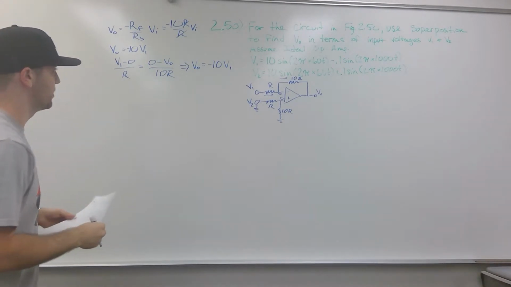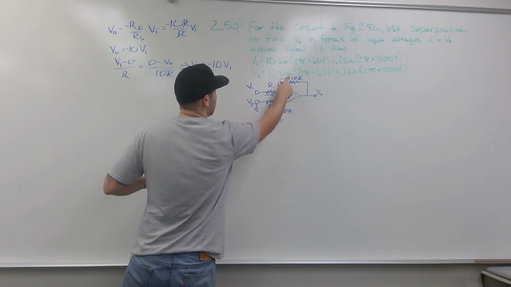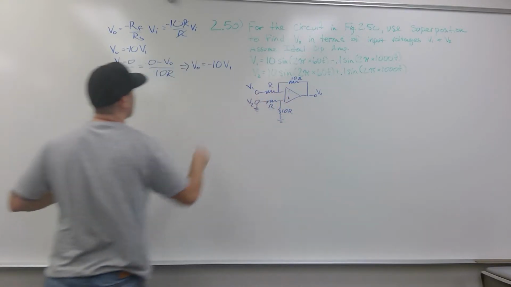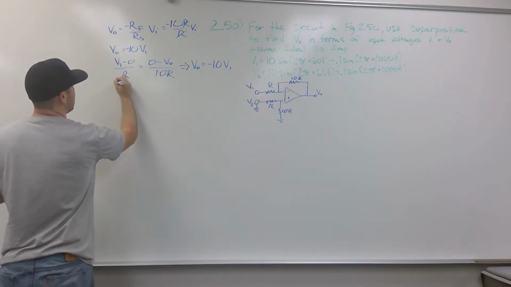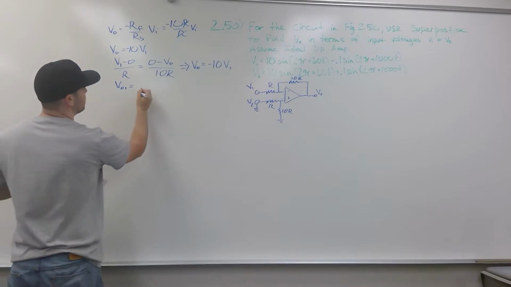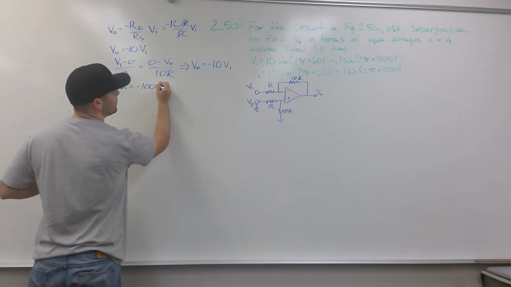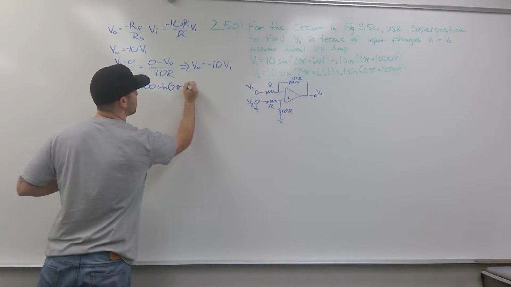So it does work out. So now we can just plug in our V1. So V out 1 equals negative 100 sine 2 pi.